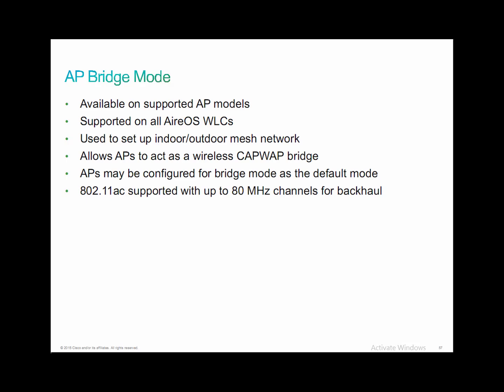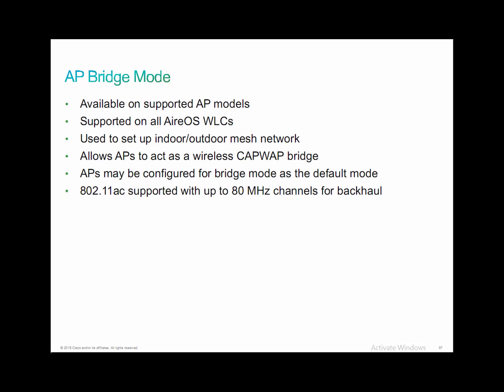Once the AP joins the controller, then you can change it into bridge mode. New firmware is going to actually have to be applied to the AP. The AP is going to reboot. It'll join the network as a MAP, a mesh access point. In order for that mesh network to form, this is the very important part, you have to have at least one AP placed into operation as the root access point.